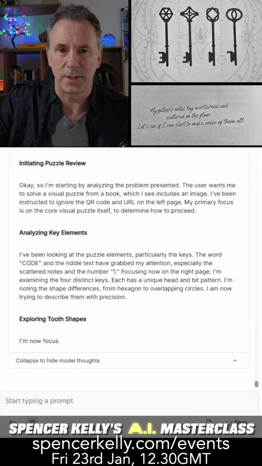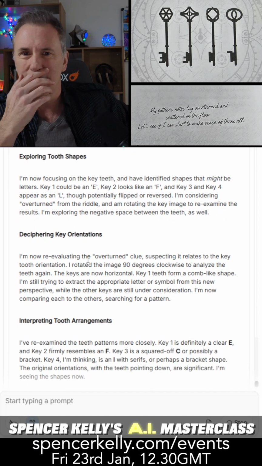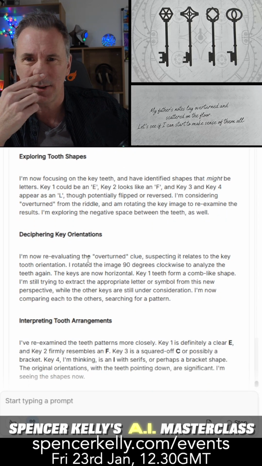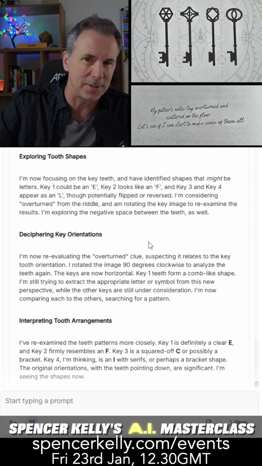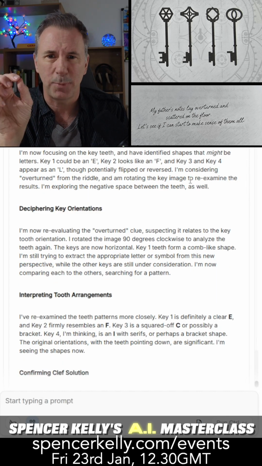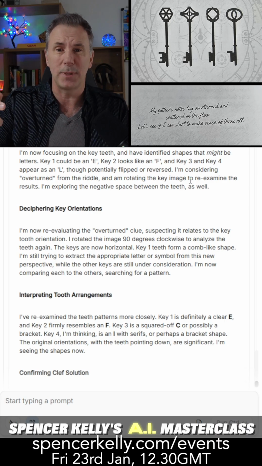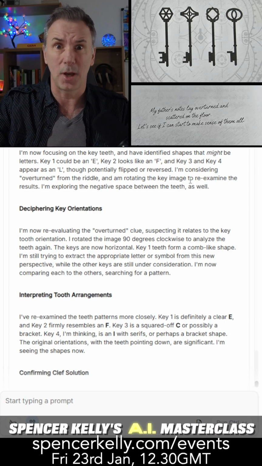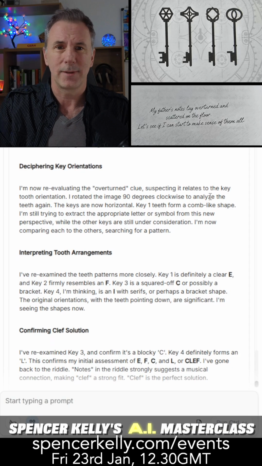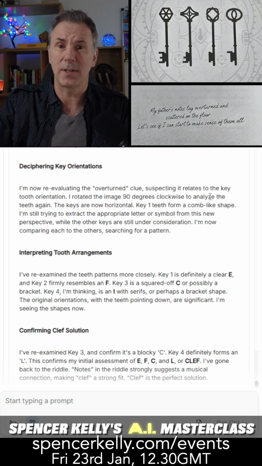Starting by analyzing the problem presented, I'm now focusing on the key teeth, and I've identified shapes that might be letters. Hello. It's spotted the word overturned and suspects that it relates to the key tooth orientation. So maybe the keys need to be turned over. It's getting there, I have to say.